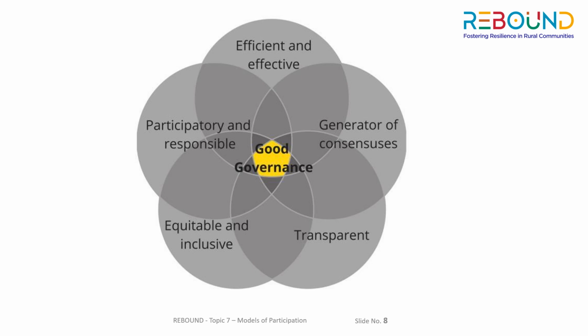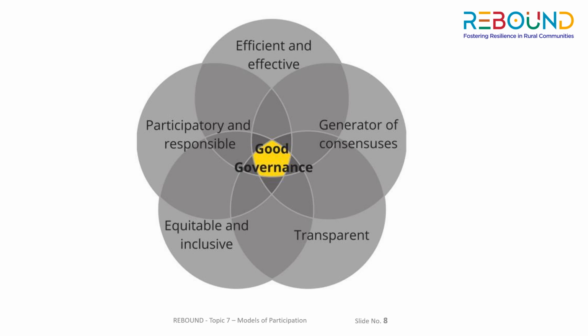Just to expand on the definitions a little bit more, we see here the interlocking features and elements of good governance: efficiency and effectiveness. On top, we see at the bottom then, on the left-hand side, equity and inclusion. We also see transparency. And just above those, we see two features. One, on the left, participatory and responsible. So people participate. They have rights to participate, but with those rights come responsibilities. So there is an element of decision making.